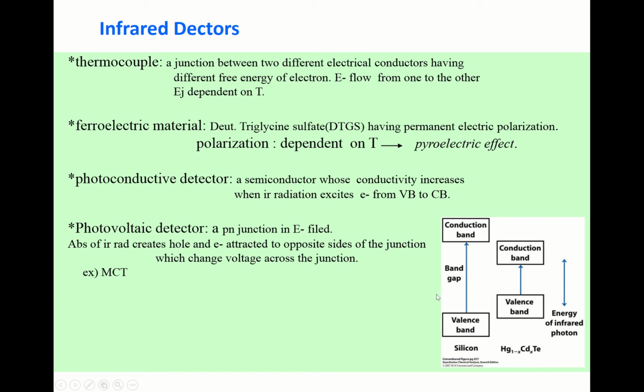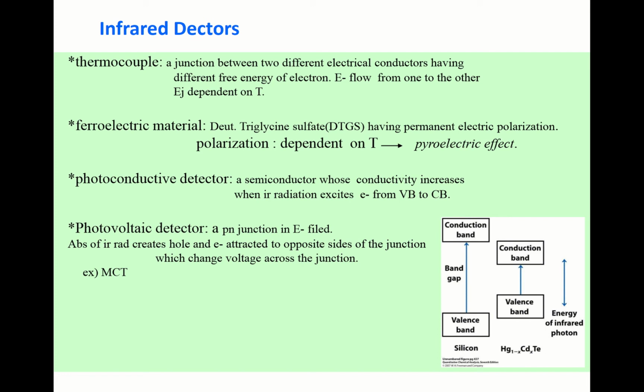These two detectors, photoconductive and photovoltaic, are made of semiconductor, and they are very sensitive to IR. But to operate these detectors, you have to cool them down to a very low temperature. Usually these detectors are surrounded by liquid nitrogen to reduce thermal noise.